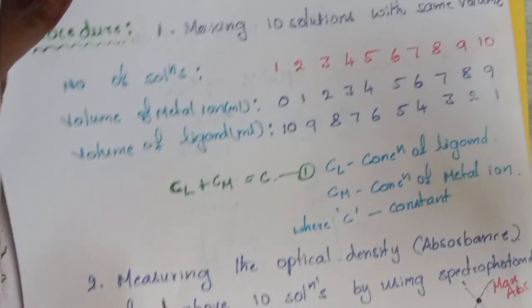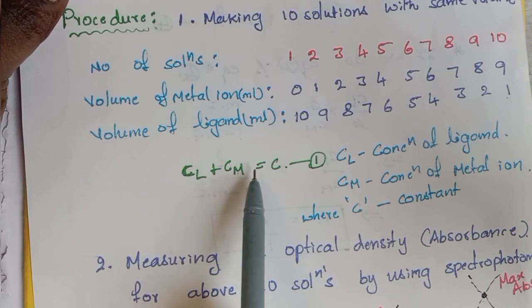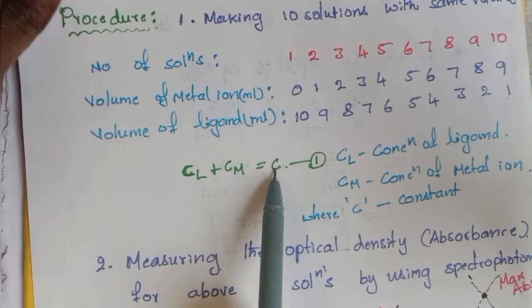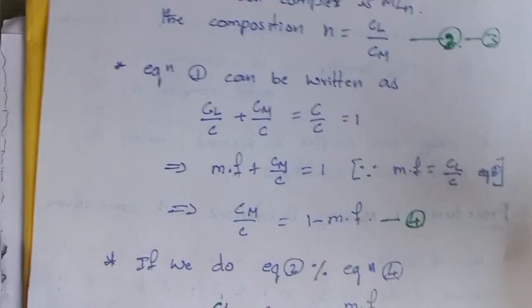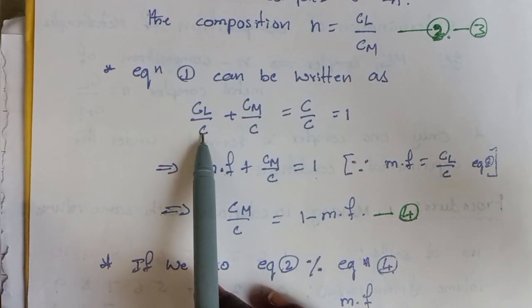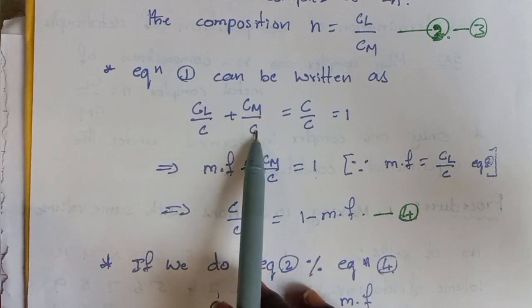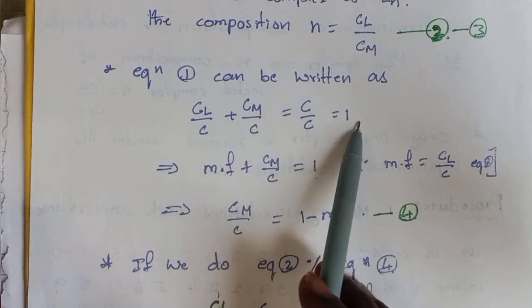Equation 1 is total concentration of the ligand plus total concentration of the metal equals the constant C. So we are rewriting the equation by dividing all the terms by the constant C: Cl by C, Cm by C and C by C equals 1.